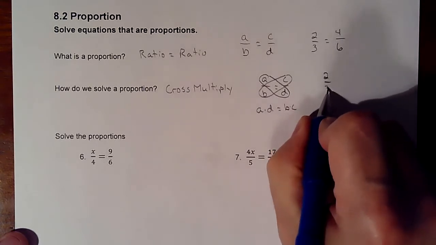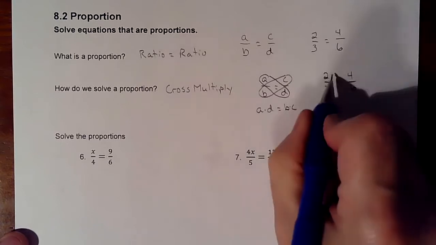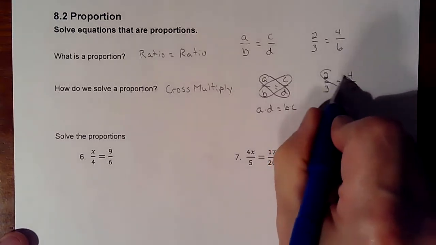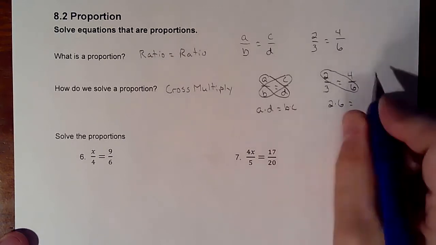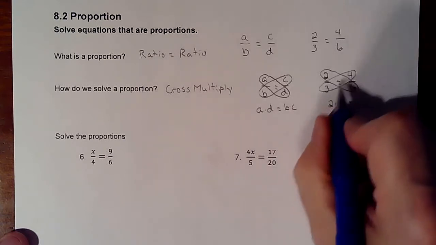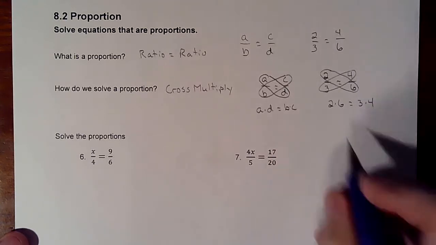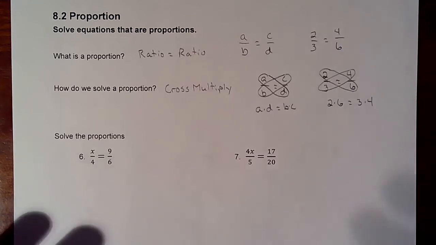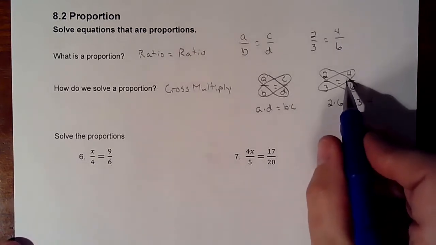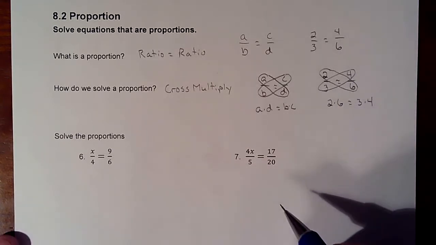If you have 2/3, which is also equal to 4/6, and you take the cross product of 2 times 6, is it equal to 3 times 4? Yes, they're both 12. So cross multiplying takes something out of a fraction and sets it up into an equation where you can actually solve.